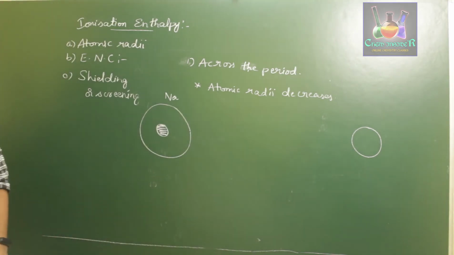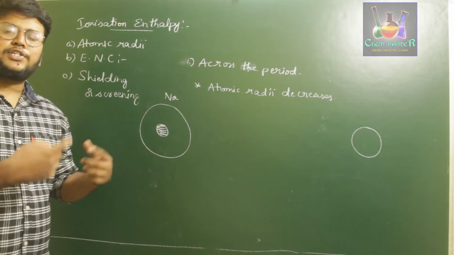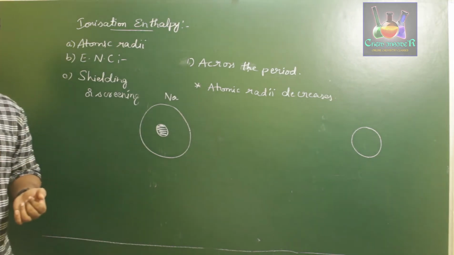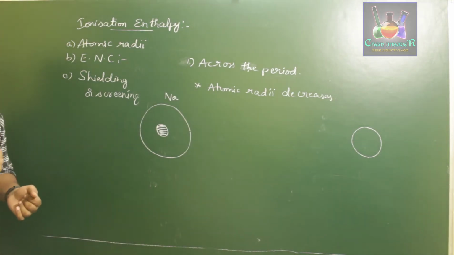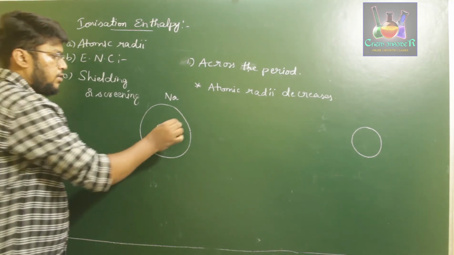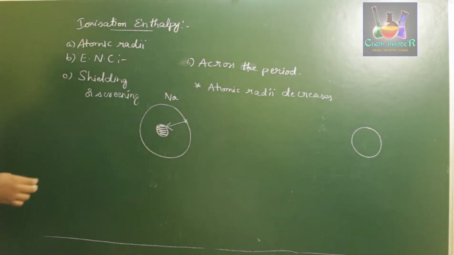So what we can say is, if atomic radii decreases, we know effective nuclear charge increases. So now, if effective nuclear charge is increasing, that means the electron present on the outermost shell is attracted more towards the nucleus.